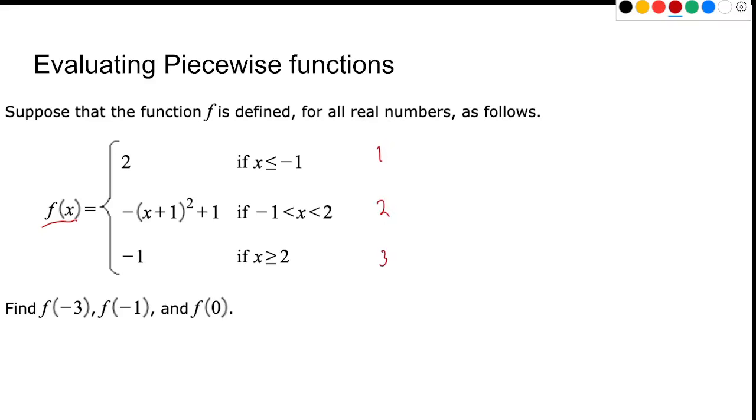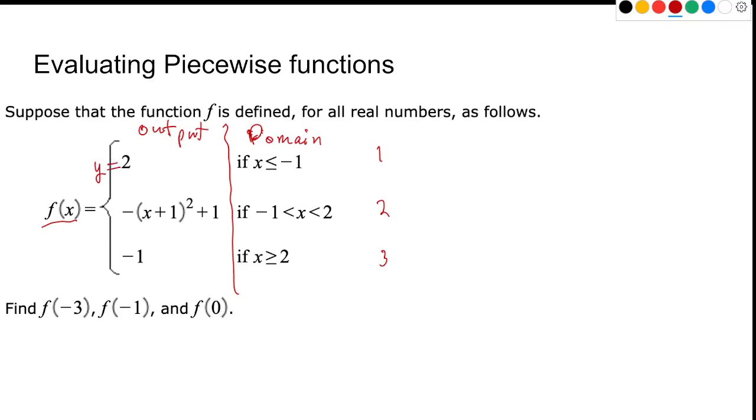Each of the pieces have two parts. There's a part that tells you the domain of the piece, and there's the part here that tells you the output. And you want to think of each of these outputs, they're really y equals, so y equals 2.